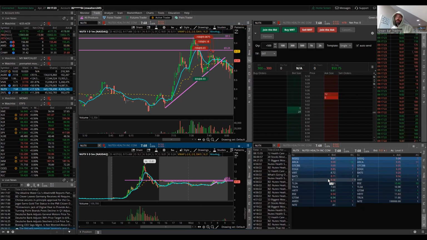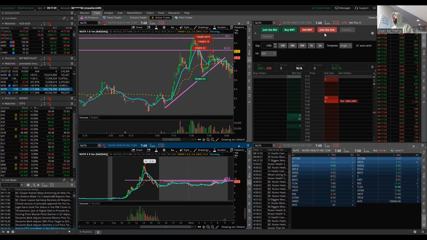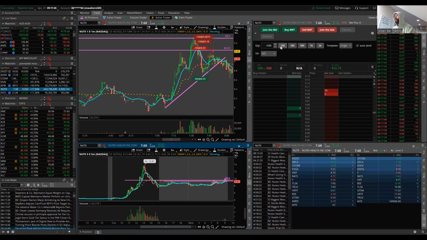I have the level 2, the price ladder, which is where I enter and exit my trades on this, with either selling, joining the ask, which is how I sell. I always want to sell on the ask when price pushes up really fast. I break out of those levels. I'm hitting join the ask, and that's how I do it on TOS.